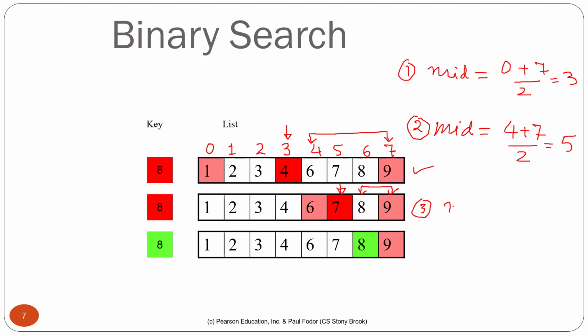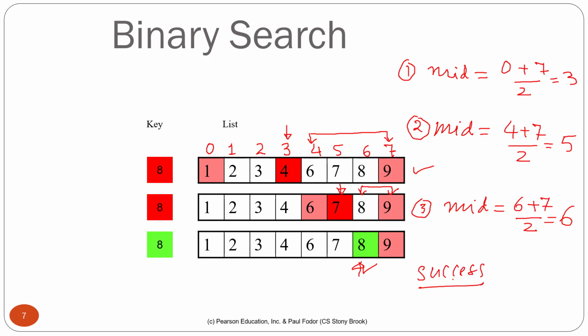In this case my mid is index 6 plus index 7 by 2, which is 6. It is an integer division, right? And luckily for us, this comparison results in success. Alright, so we succeed.